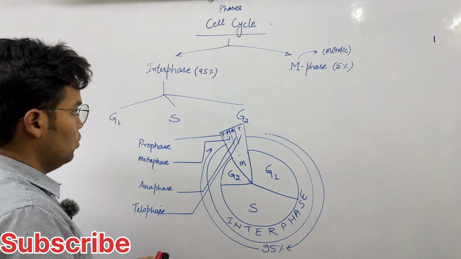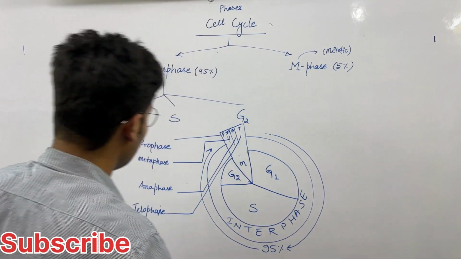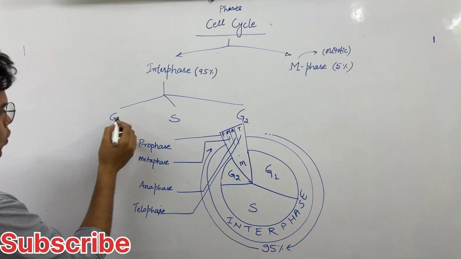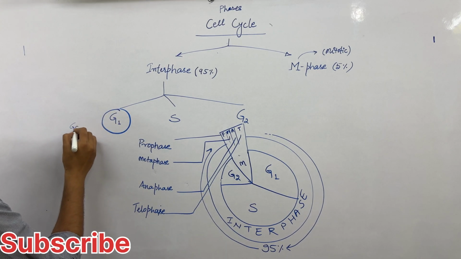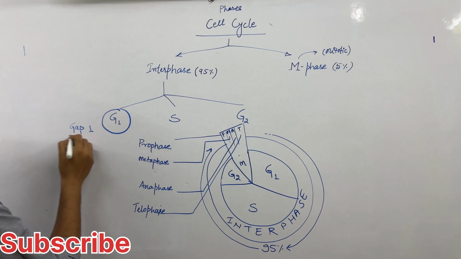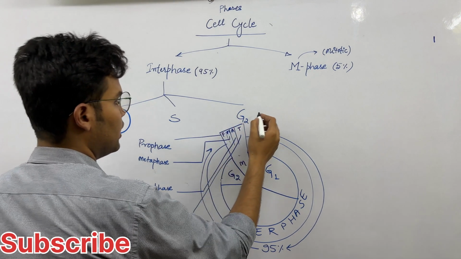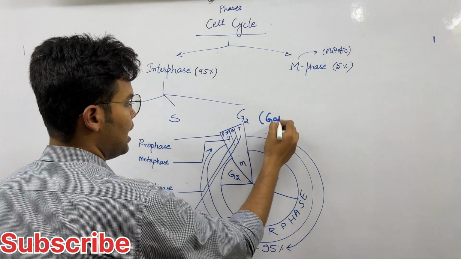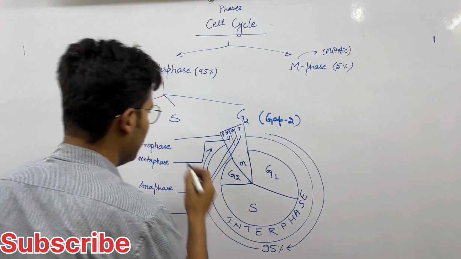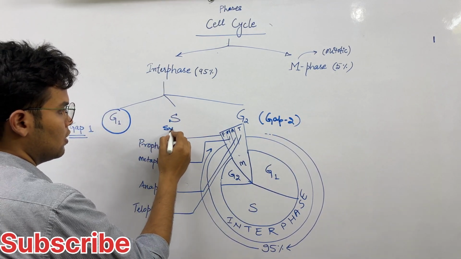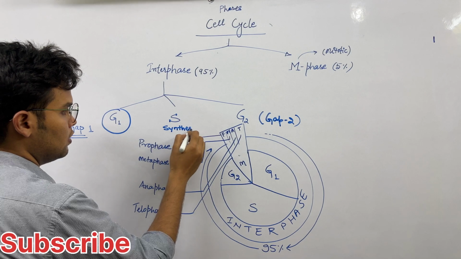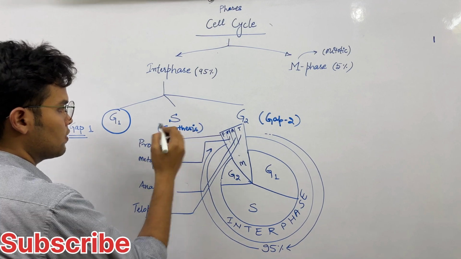If we talk about the G1 phase, then what happens in G1? G1 stands for gap 1, G2 stands for gap 2, and S stands for synthesis phase.